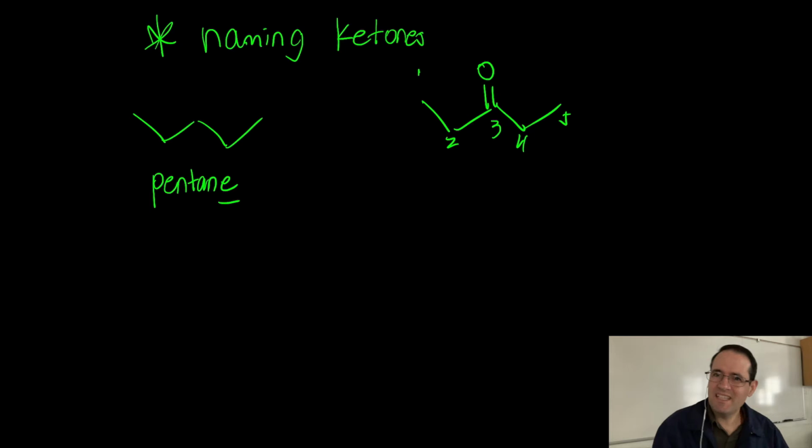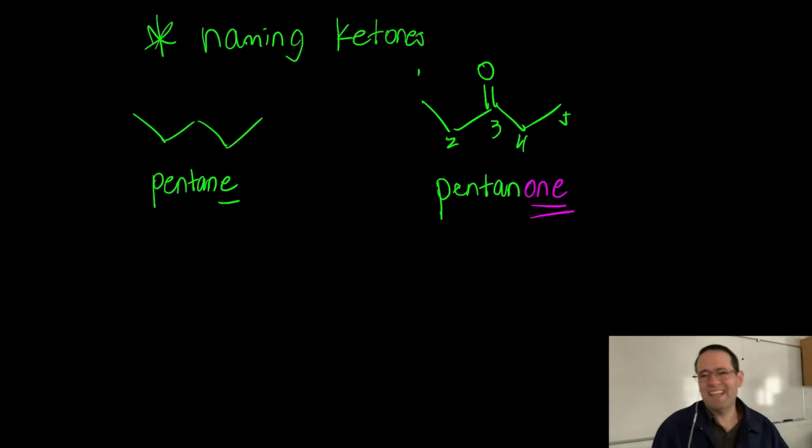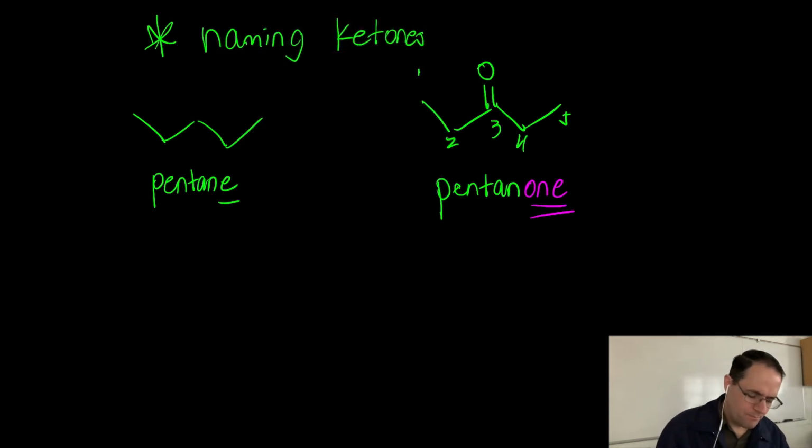You drop the E from pentane and you add one. So here's pentan, and then you're going to add O-N-E. So ketones end in O-N-E as the ending, and aldehydes end in A-L. So the name of this would be 3-pentanone.